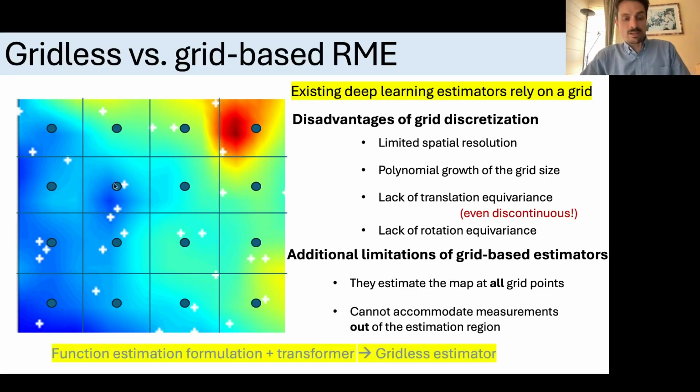The main idea in this paper is not to formulate radio map estimation as a matrix completion problem. Instead, we formulate it as a function estimation problem, and then we apply the ideas in the first part of the talk to come up with the first gridless estimator based on deep learning.